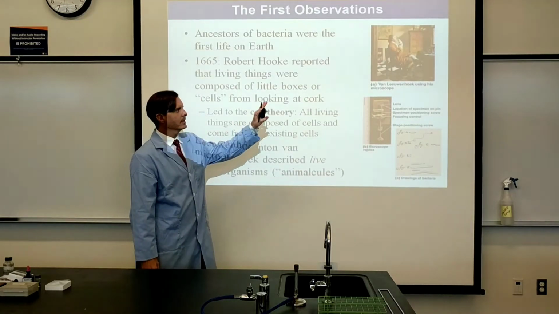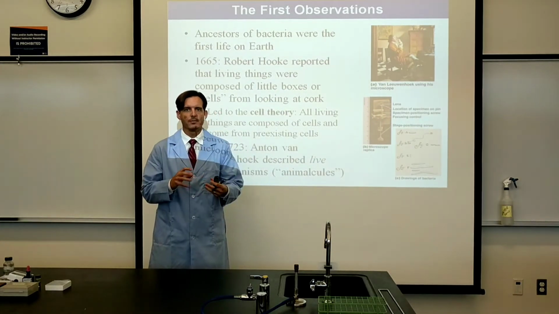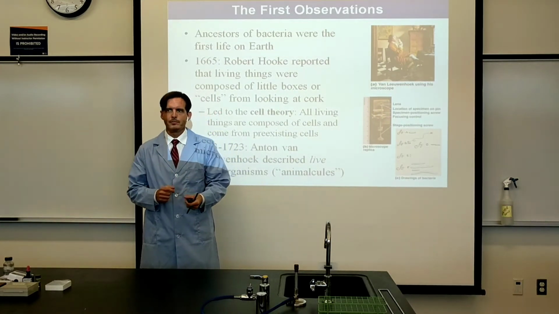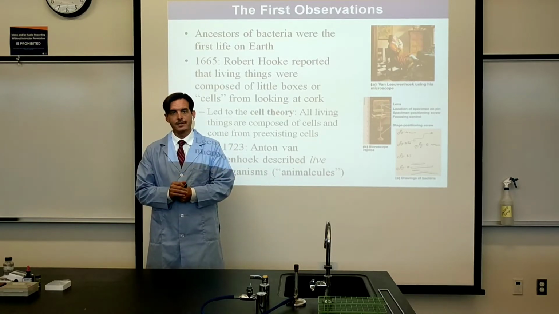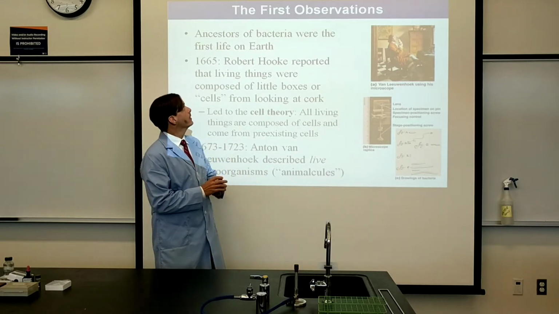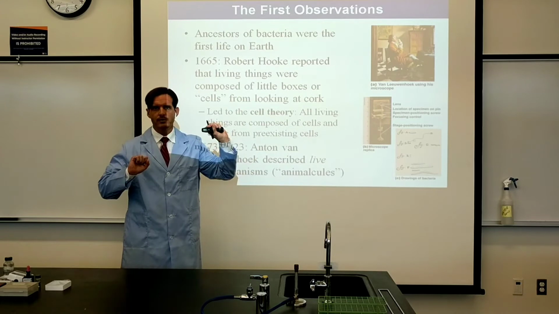And it all really started back when the invention of the microscope occurred. Before the microscope, there was no real way to prove that bacteria and other invisible life forms could exist. And so the story starts just before microscopes were invented.